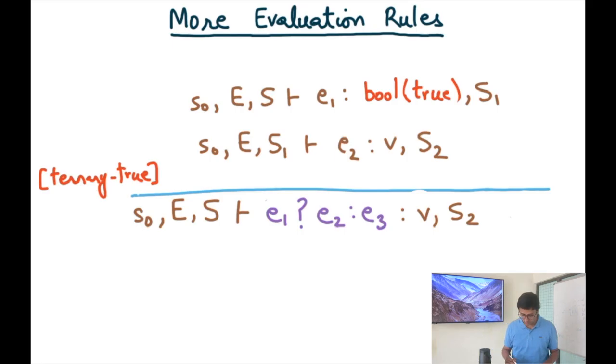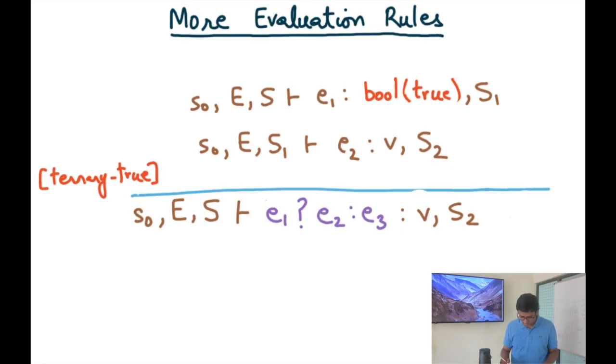We don't really care. During evaluation, the dynamic type of this expression would be whatever is the type of E2, without any regard to the type of E3. Unlike a static semantic analysis rule, which had to take the least upper bound because it had to conservatively cater to both the possibilities of E1 returning true or false, here we don't need to be conservative. We just take the value depending on which branch is taken.